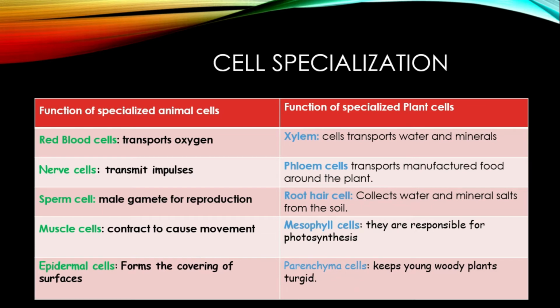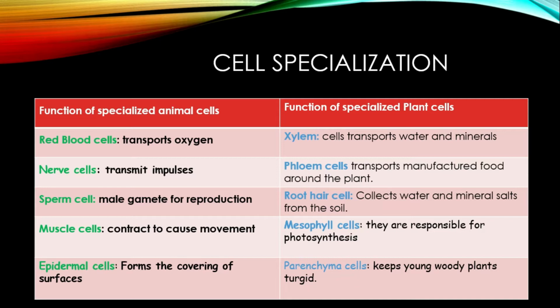Some functions of these cells include, for example, the red blood cell. The red blood cell is specially suited to carry oxygen. Its structural design is what we refer to as a biconcave disc, which makes the middle of the cell look pretty much like a donut.